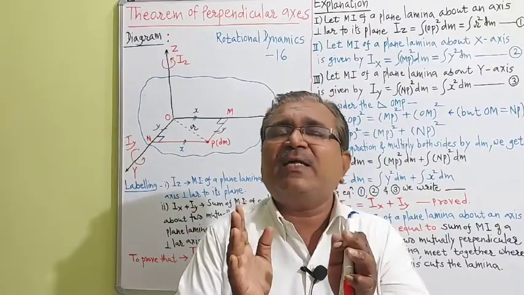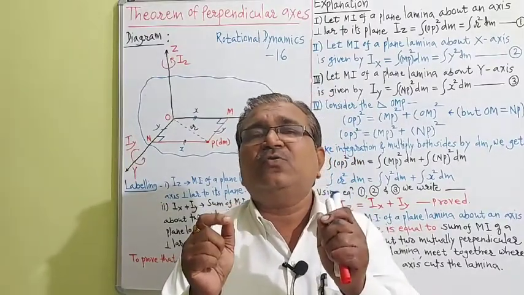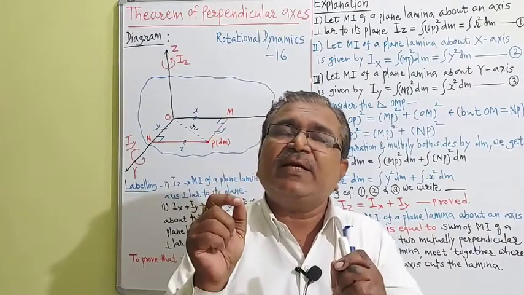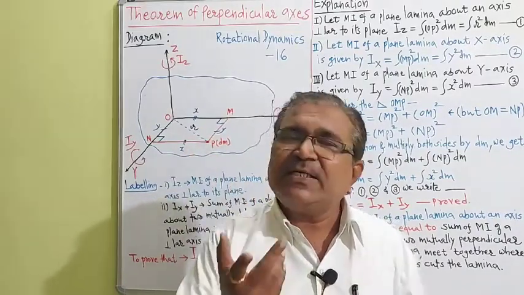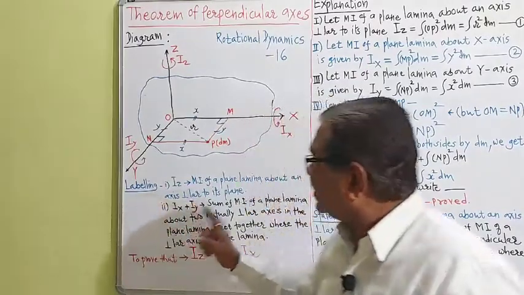And from that equation, we will have to write the statement of the theorem of perpendicular axis. What is Iz? That I have written here.